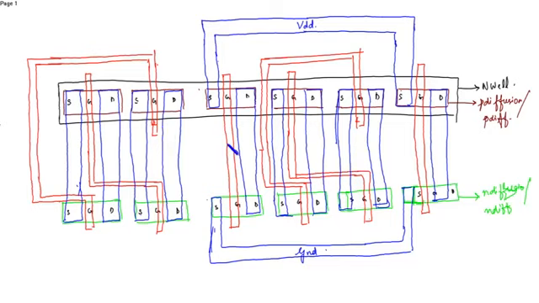So this input is B, which is connected over here, or you can directly connect from here also. This is B. This input is B. This is B bar and B bar is connected over here.